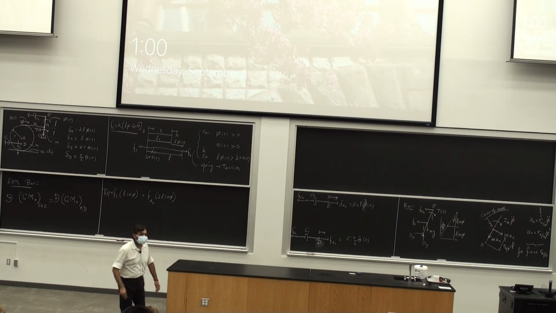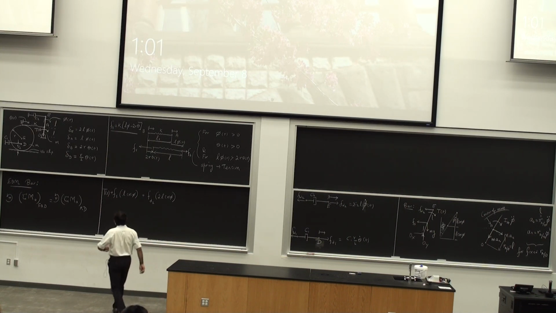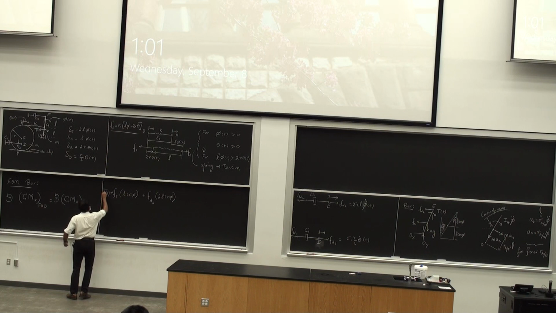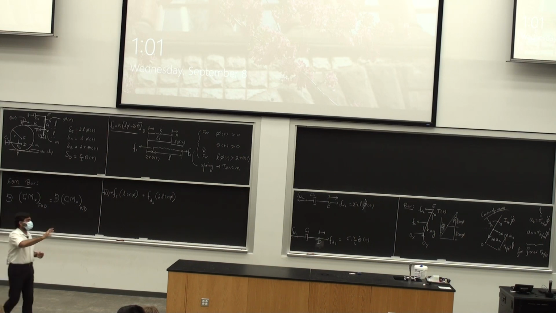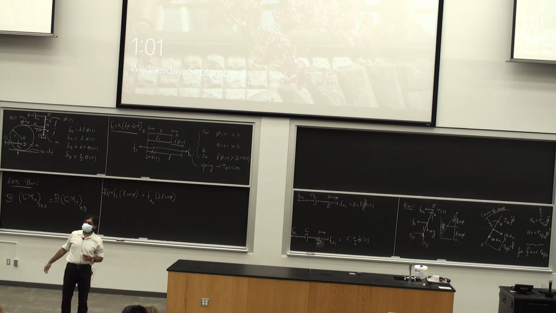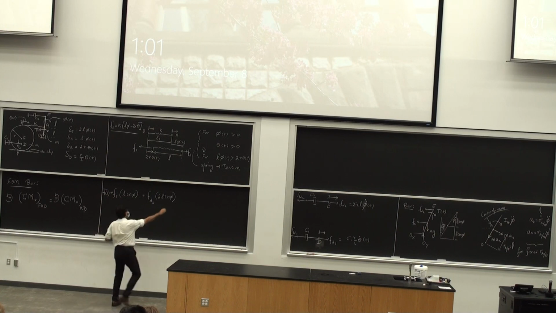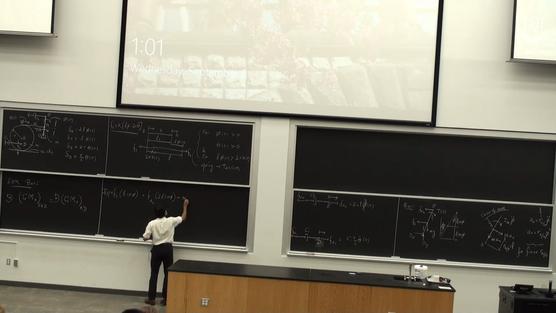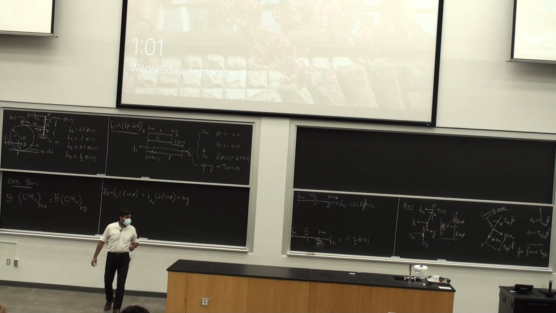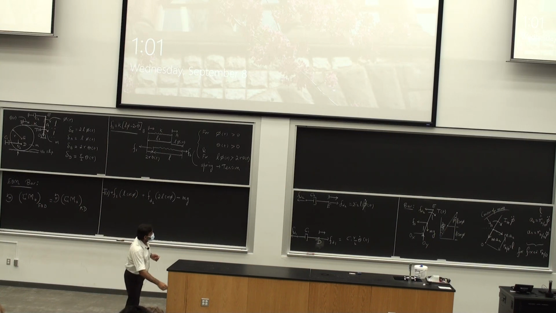Yes, the question: should the applied torque be negative? Yes, you are right. Thank you. Mg times into the board, right? So this is going to be minus mg times the distance of L sine phi.